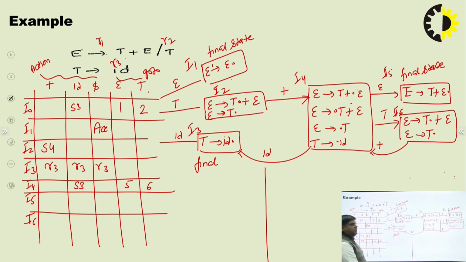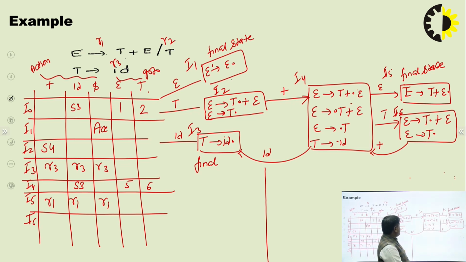We move to state number 5. State number 5 is the final state. Now, this is production rule 1. And it means here is R1, R1, R1. And any other rule? No. Yes.